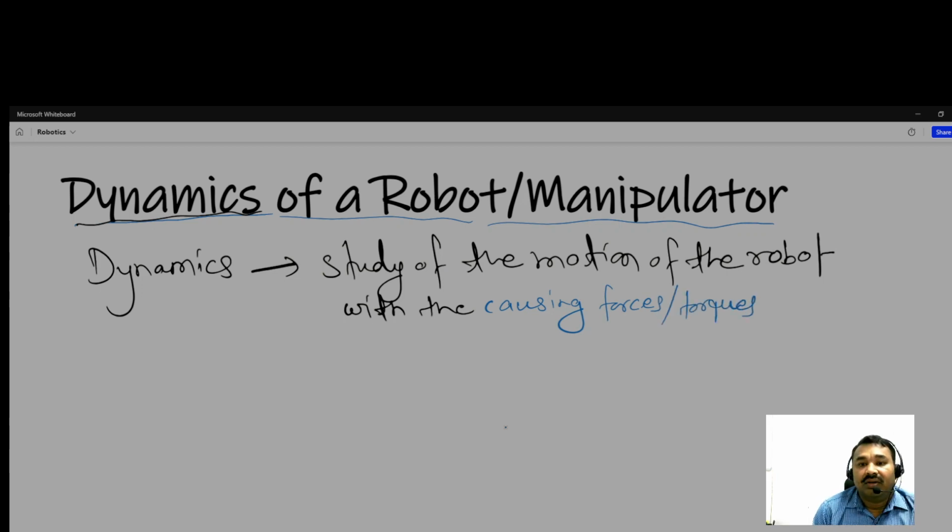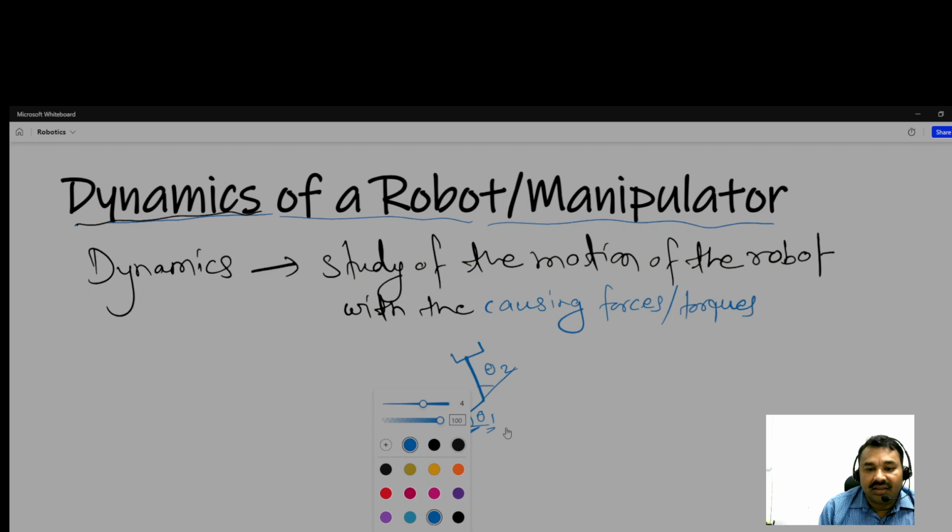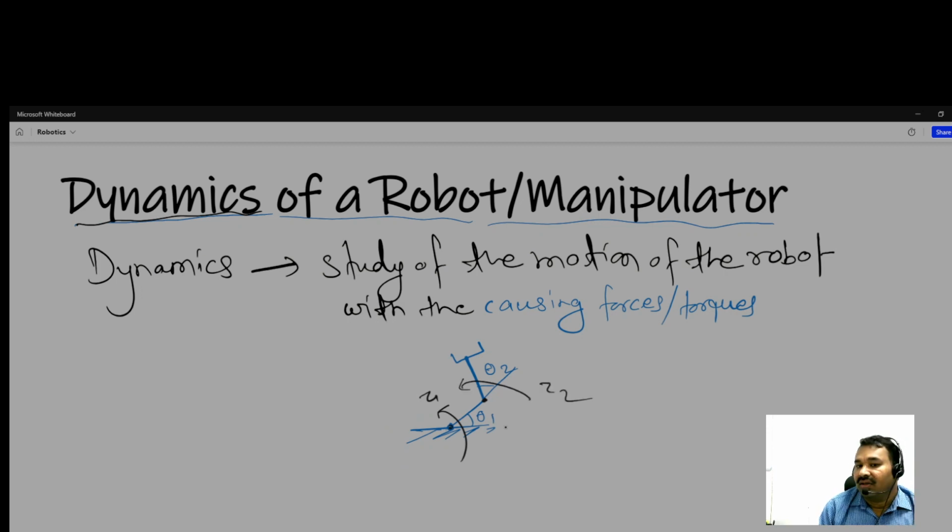Okay, suppose a robot is there. This is a robot. So suppose this angle is theta 1 and this angle is theta 2, and for each joint there is a need of torque, like this one tau 1 and this one tau 2, and motion here what we get.